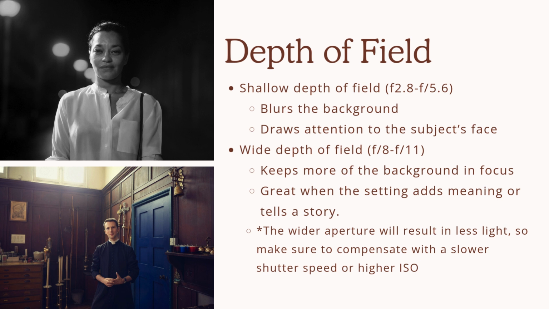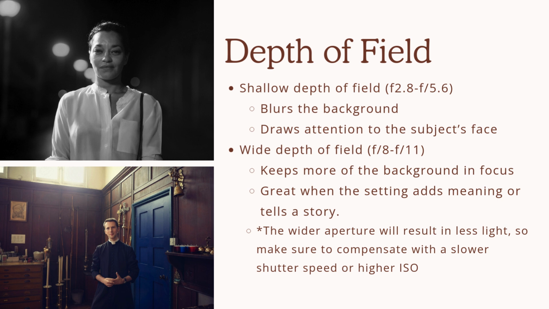The next tip, when it comes to portrait photography, is to think about your depth of field, so what your aperture setting is. Again, your aperture setting controls how much of your photo is in focus. For classic portraits, a shallow depth of field is really popular. It helps isolate the subject and makes the background blurry.